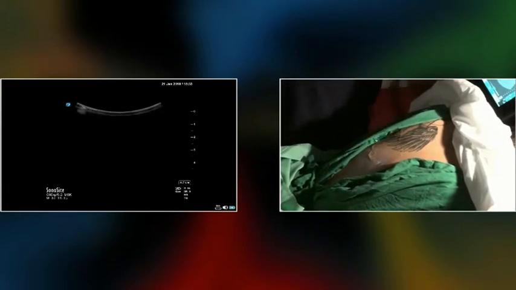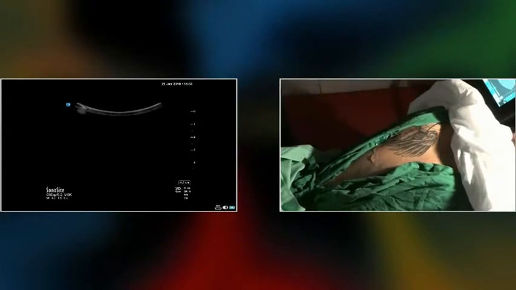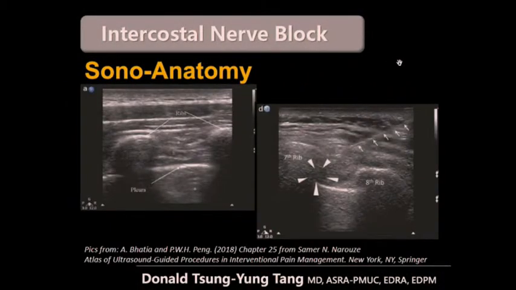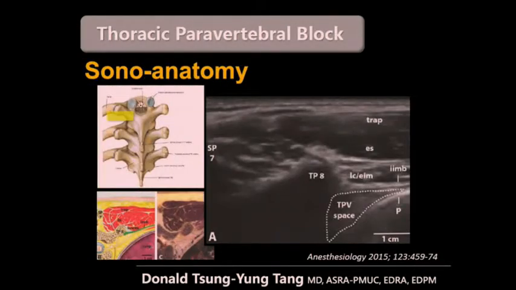What is the most common indication for you to do the paravertebral block in chronic pain patients in your practice? Actually, it's postherpetic neuralgia. Postherpetic neuralgia is my commonest indication in chronic pain practice.